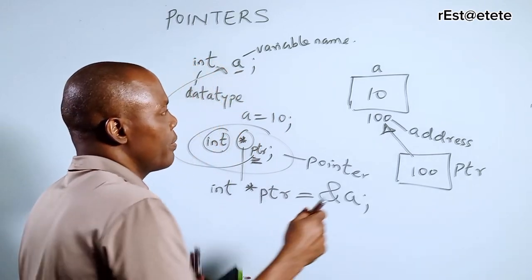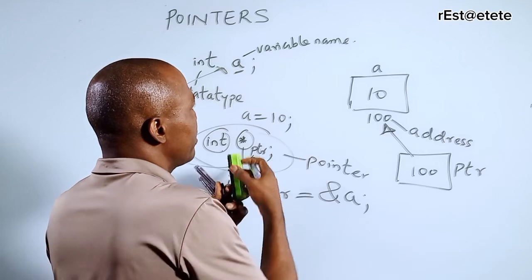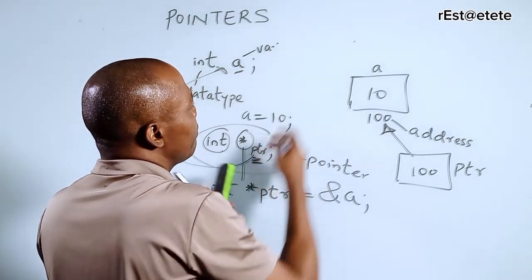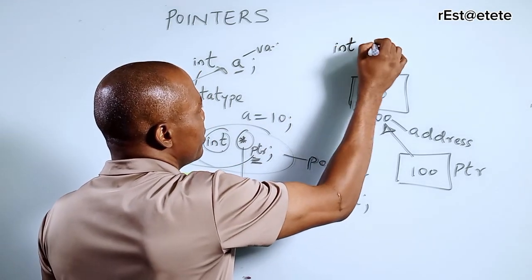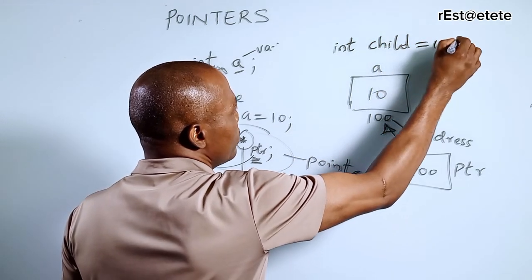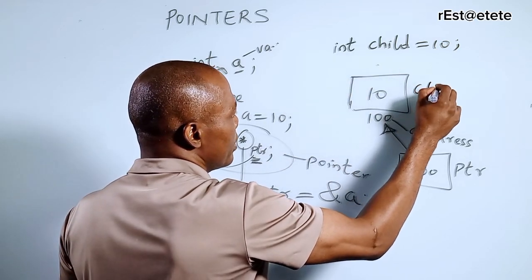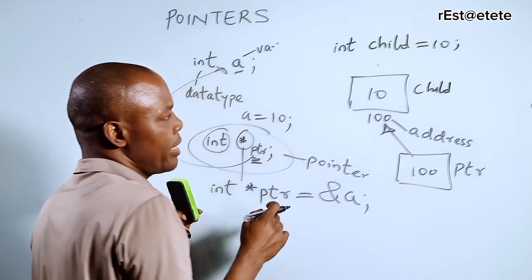Meaning, if I write a program like this, if I say int child and I assign 10 to it, right? So it means this becomes child and is having 10.